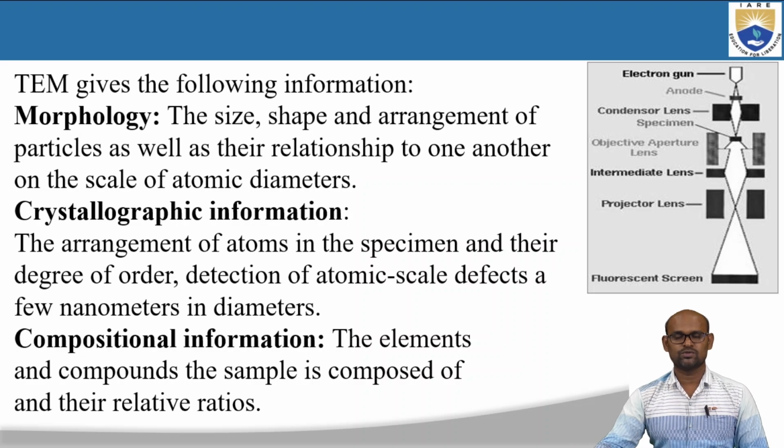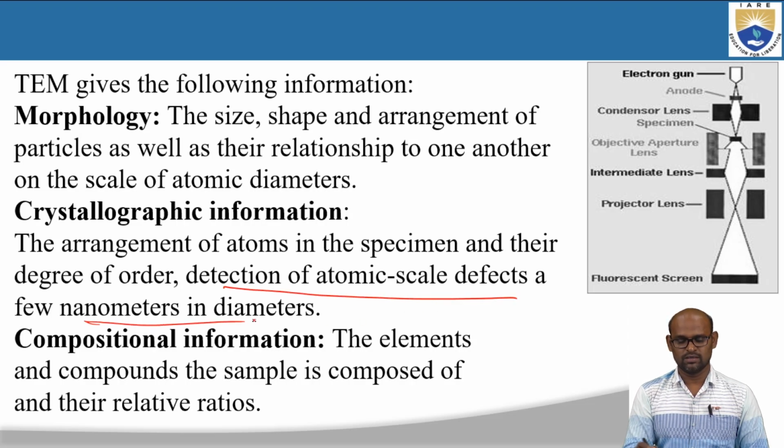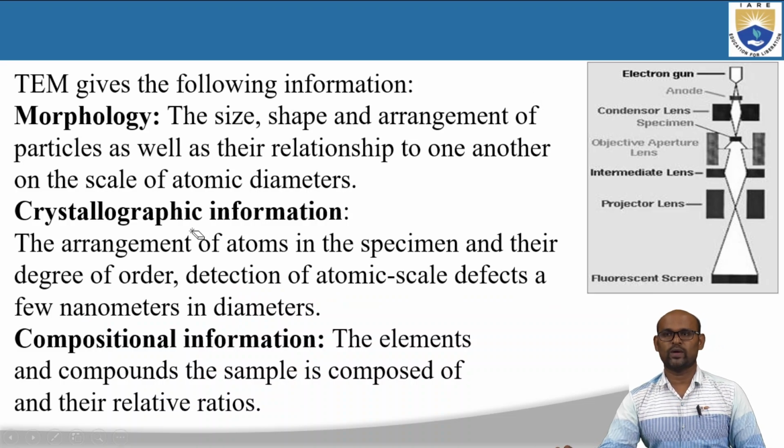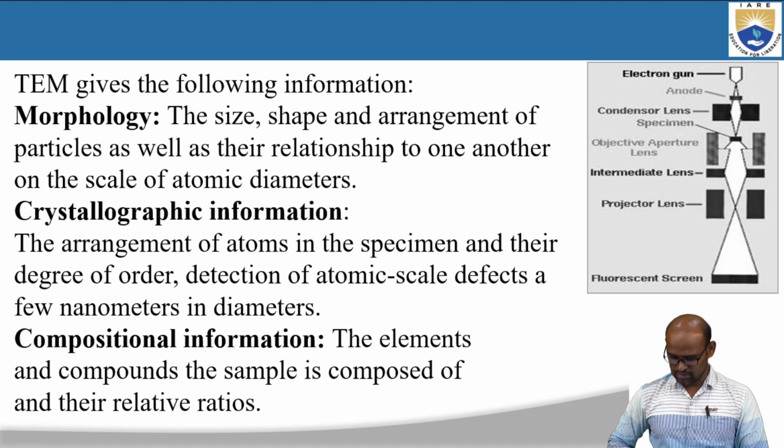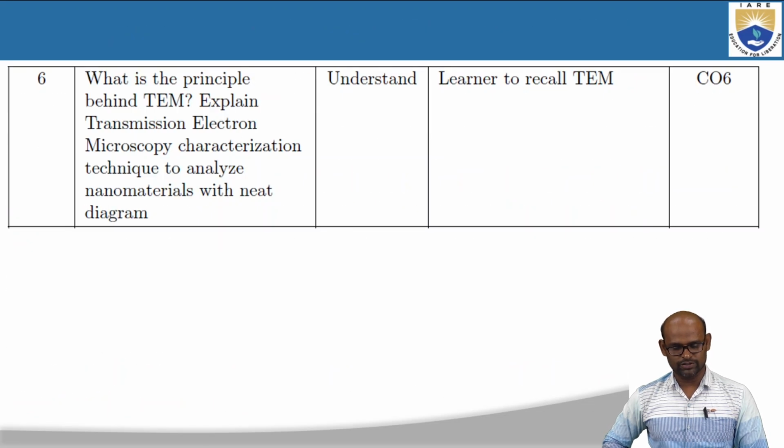We can also get the crystallographic information, the arrangement of atoms in the specimen, and the degree of order, detection of atomic scale defects for a few nanometers. And compositional information also we can get: the elements and compounds the sample is composed of and the relative ratios. So the transmission electron microscope can tell us about the morphology of the material, crystallographic information of the material, and the compositional information as mentioned here.